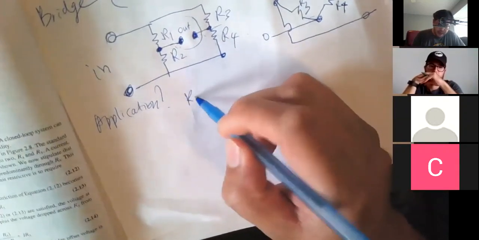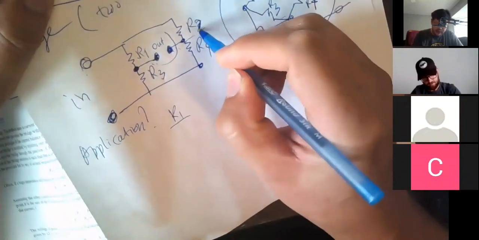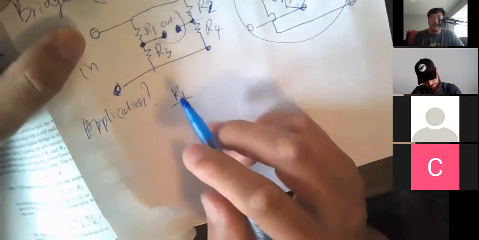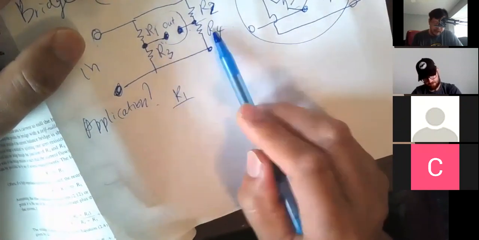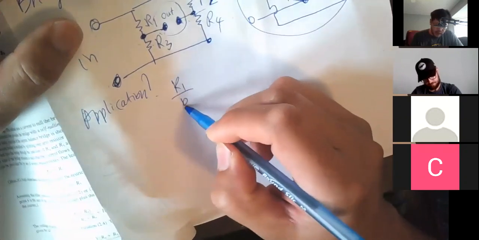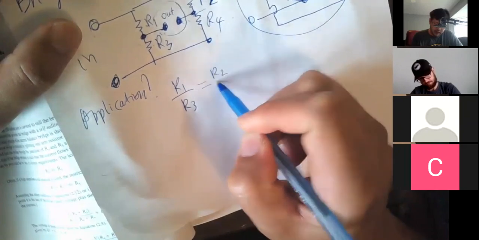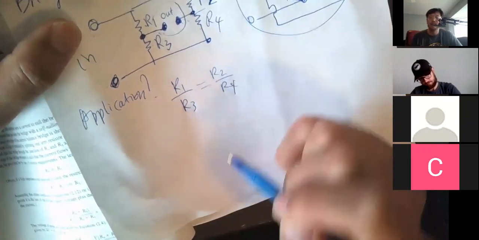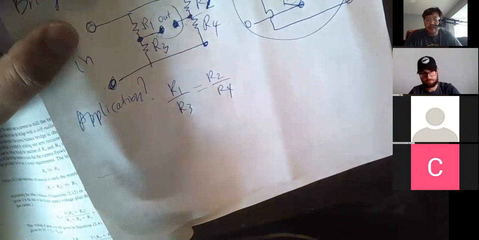Using these numbers, 1, 2, 3, 4, the bridge is balanced if R1 times R3 equals R2 times R4. That's the condition for a balanced bridge.